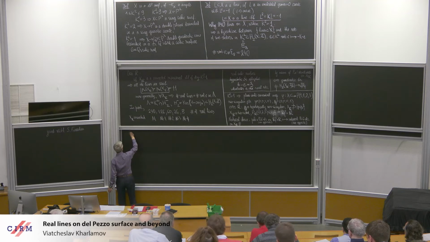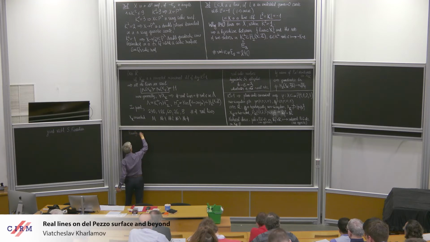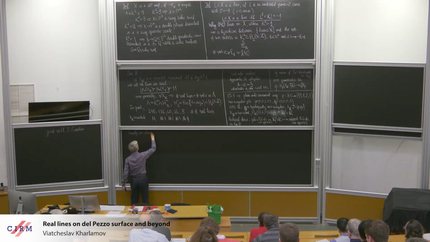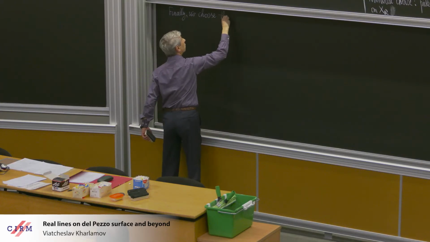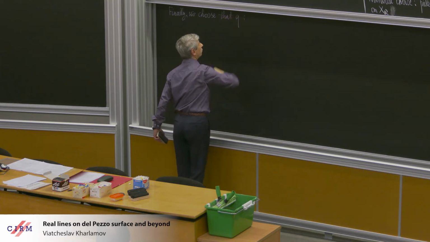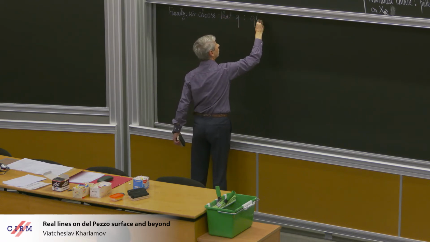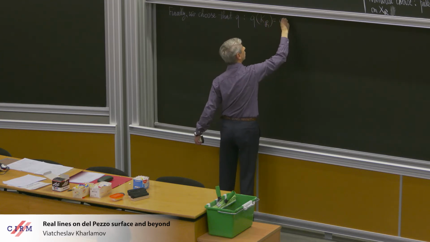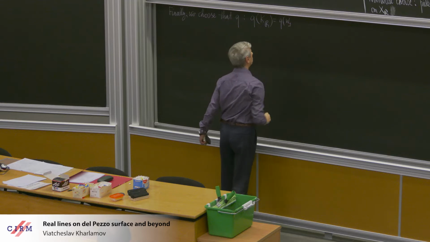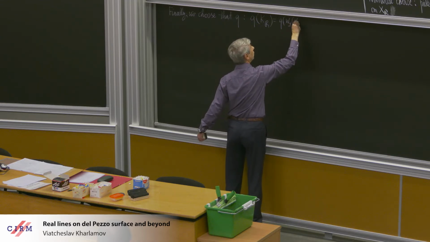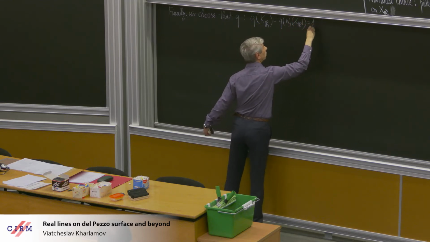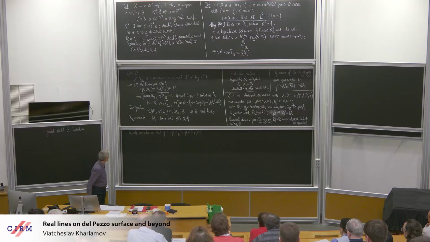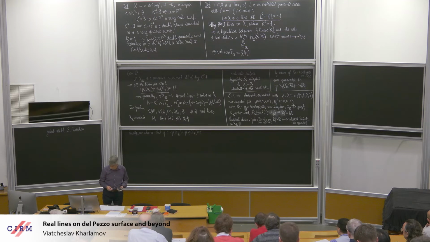So finally, we choose that one for which the value on the real part of the canonical class, which is the same thing as the first class of the real part. So we select that one which takes one on this. And then, okay, so now we have everything in hands, and we may start counting.